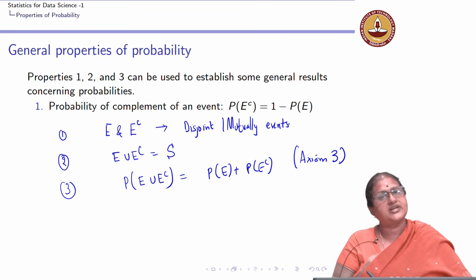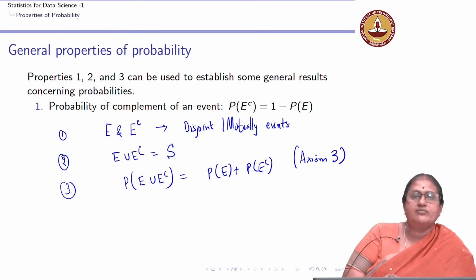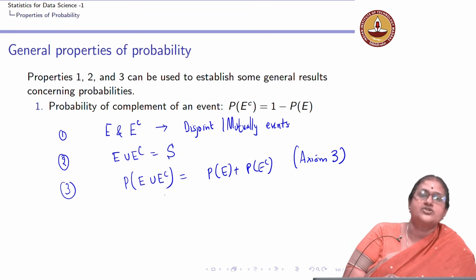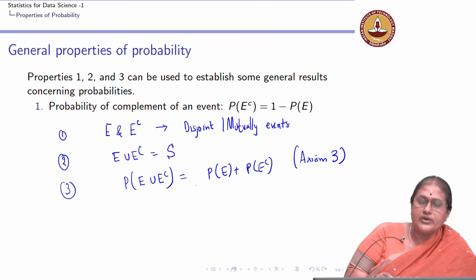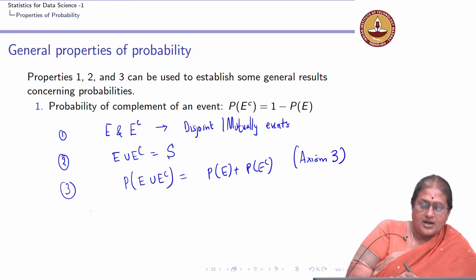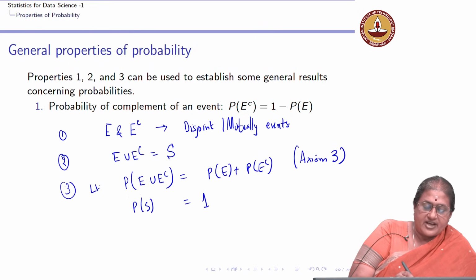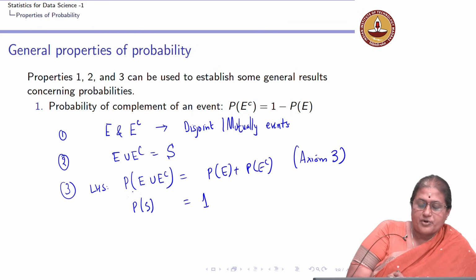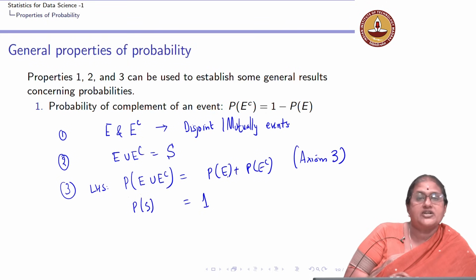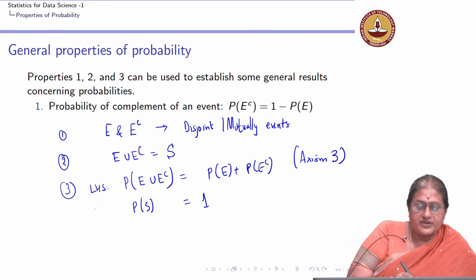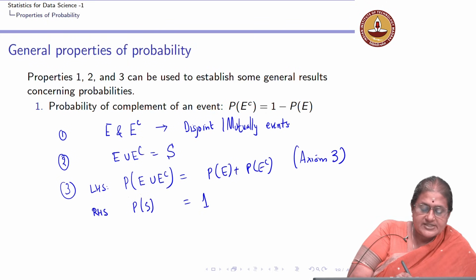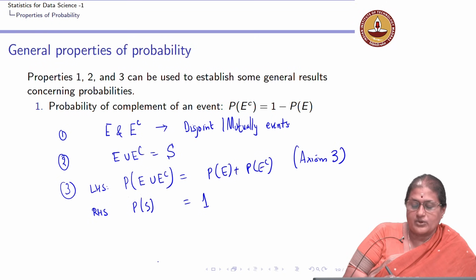My axiom 3 states that when I have disjoint or mutually exclusive sets, the probability of the union is the sum of the probabilities. Now, axiom 2 states probability of the sample space is 1. So, my left hand side says that probability of E union E complement is probability of E plus probability of E complement. My right hand side states probability of S equal to 1.